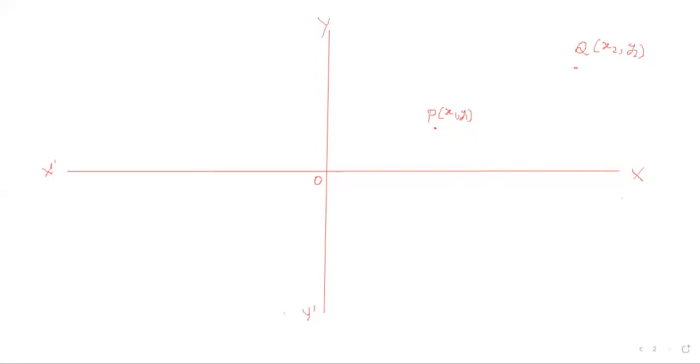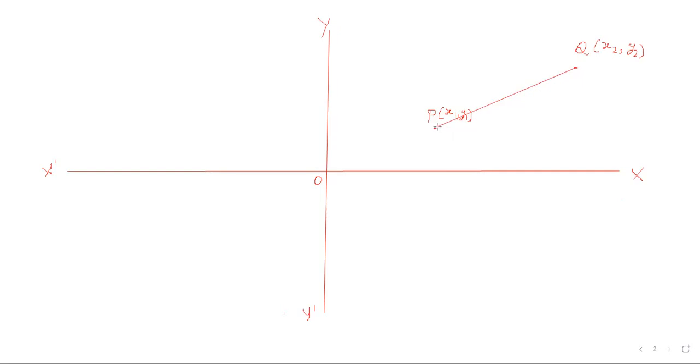Join these two points with a straight line on which P x1, y1 and Q x2, y2 lie.